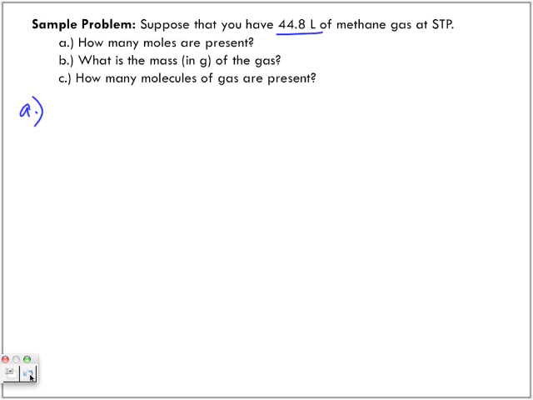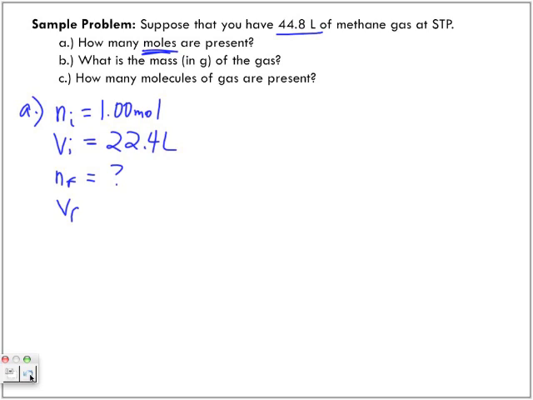So we've got our initial number of moles, 1.0 moles, our initial volume is 22.4 liters, our final moles is what we are asked to find, and our final volume is 44.8 liters.